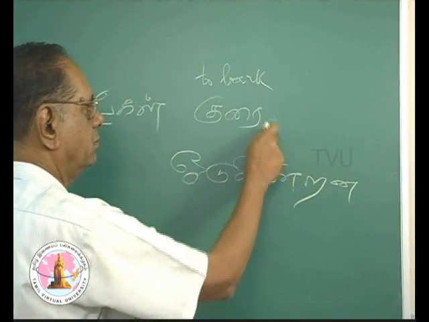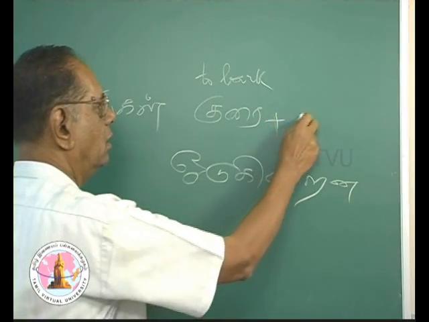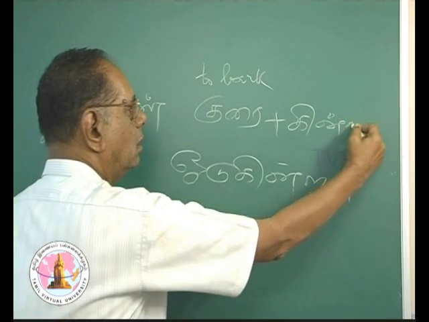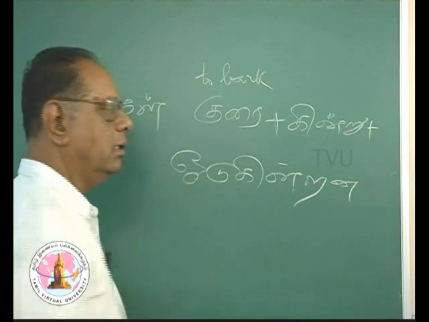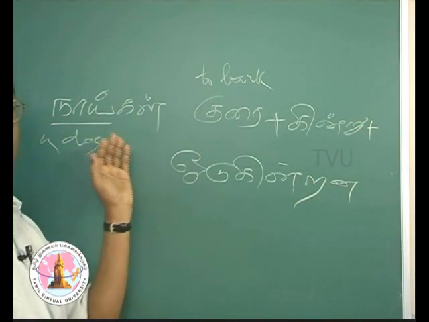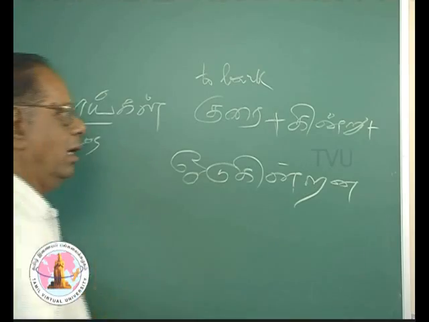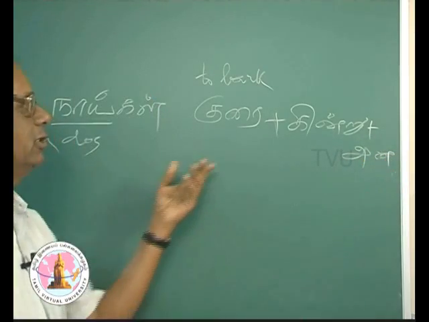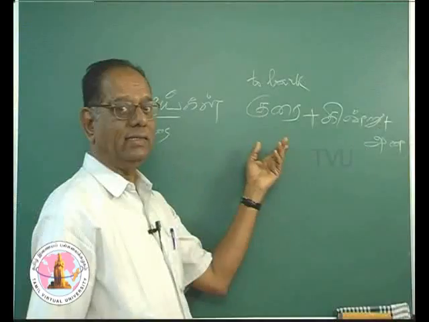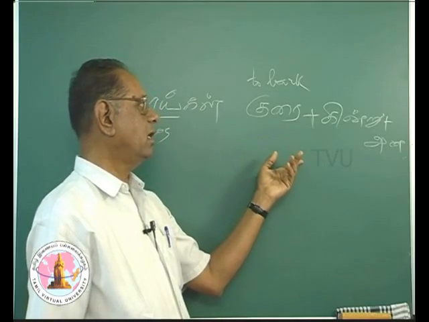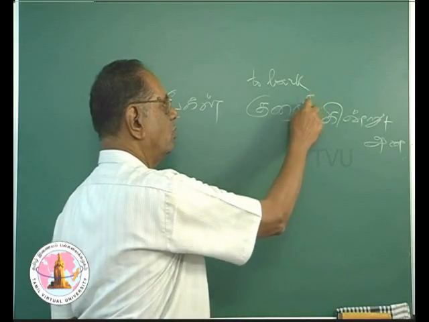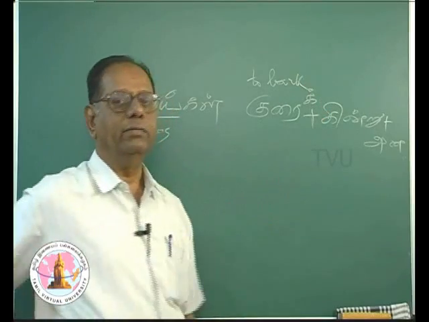Plus கின்று and for third person neuter plural ana. You must remember that set of words or verbs which get an extra consonant in between.